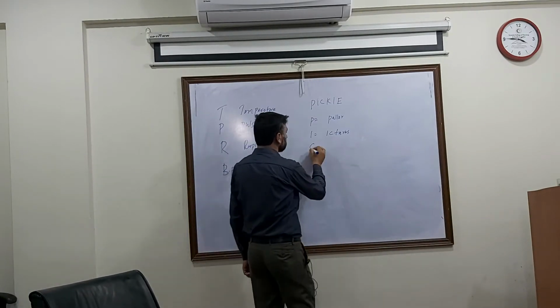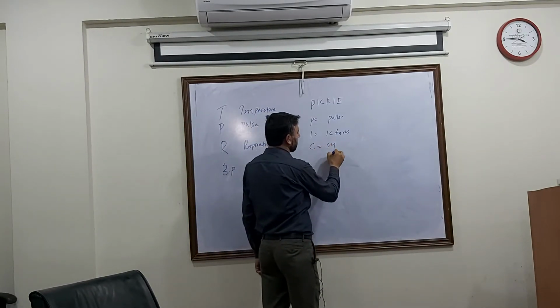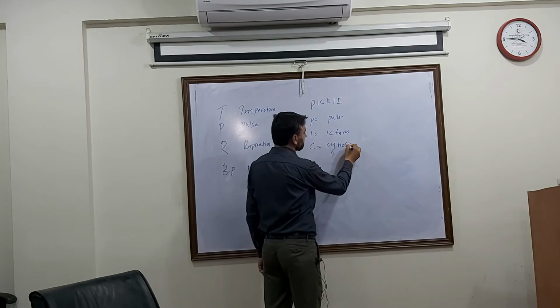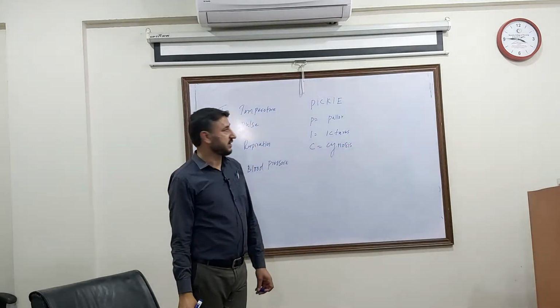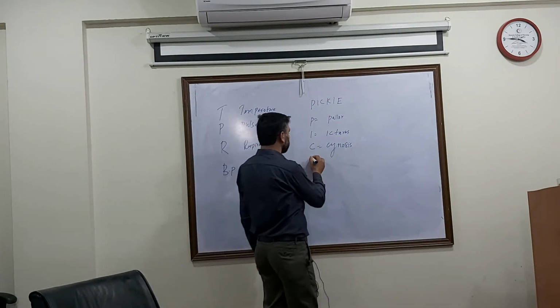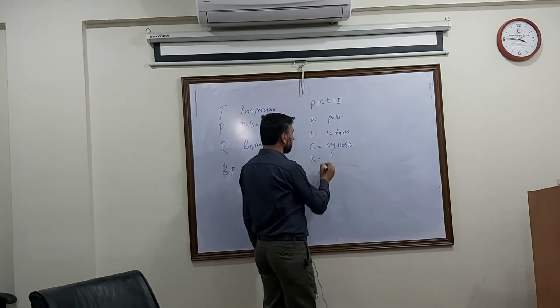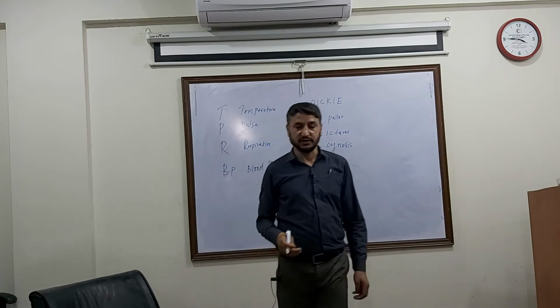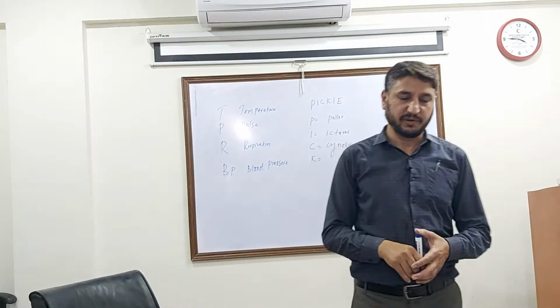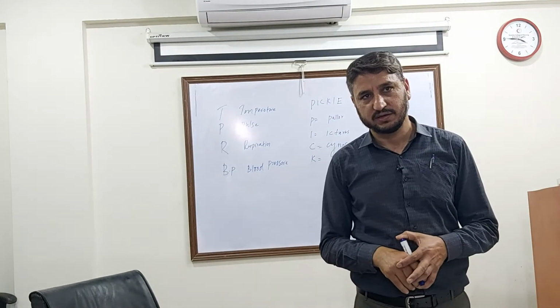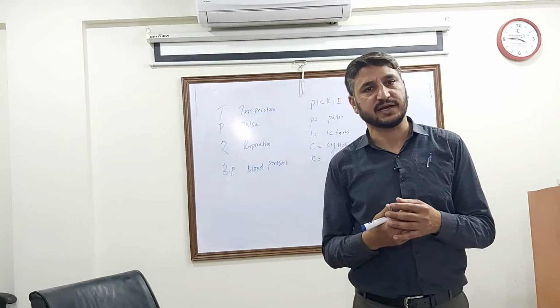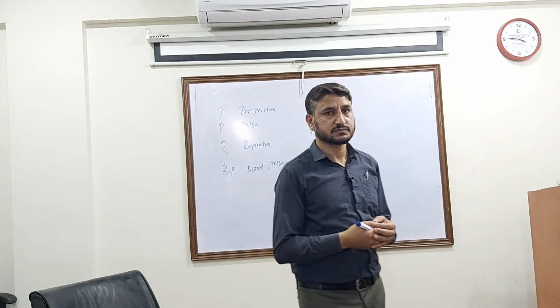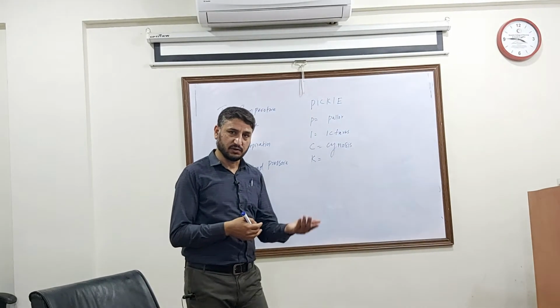And C stands for conjunctiva and cyanosis. If the patient's color is bluish, the bluish discoloration is called cyanosis, due to high carbon monoxide and low oxygen.